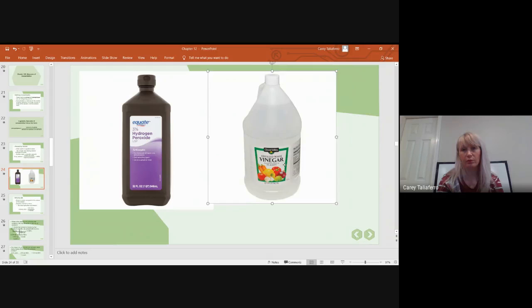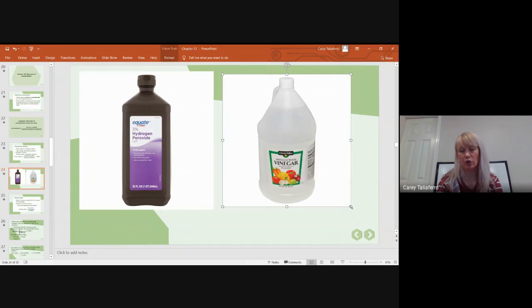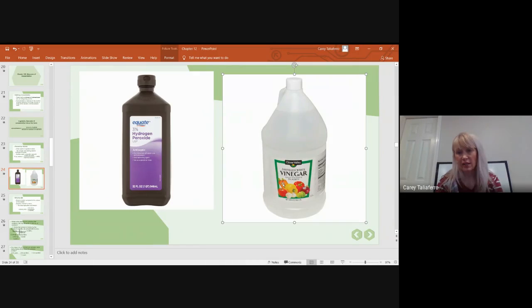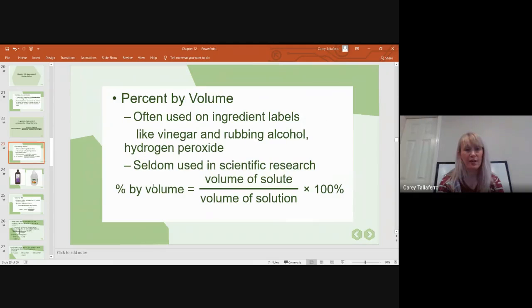Likewise with your vinegar. If you have vinegar for cleaning or sometimes cooking at home, it's kind of on a slant in this picture, but you can see that it says 5% acidity. So in this vinegar, again, the percent by volume is 5% of the actual vinegar, the actual acid. And the rest of it, again, is water in this case.